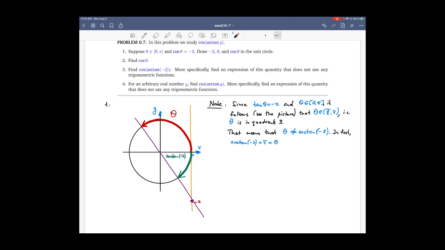Now, where is cosine theta? Cosine theta is this distance, sine distance, of course.